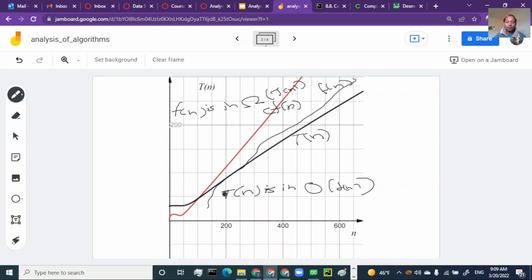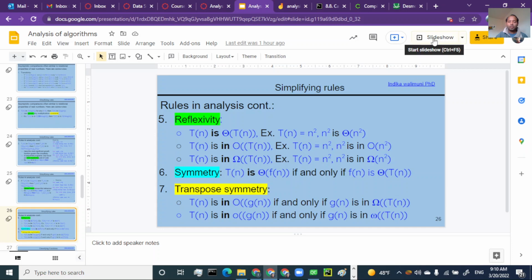Notice that T(n) always lies below F(n). So that's what it means. If this is the case, then this holds true as well. In other words, only if this is true and this is true, and vice versa. All right, let's go back to our lesson.